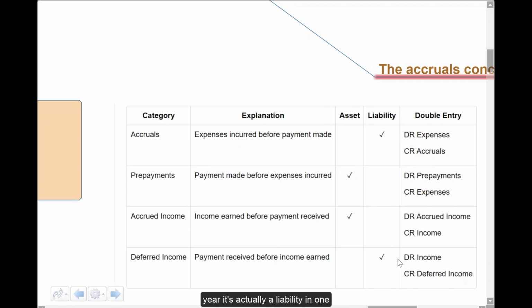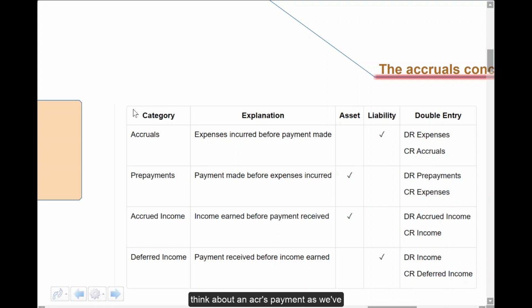It's actually a liability in one sense, although that may seem a little bit odd given that it's income. But in essence, it's a liability that will roll forward next year into income when it will be matched and will be correctly timed.